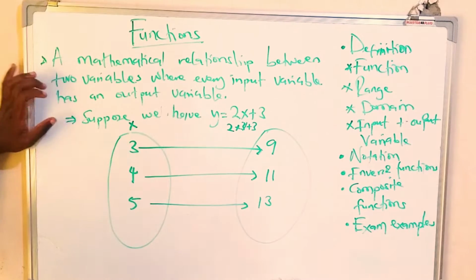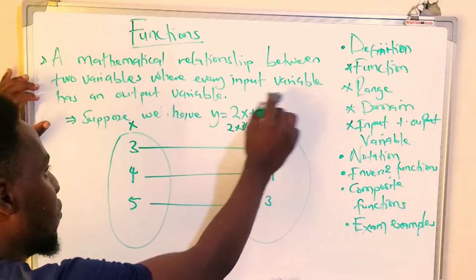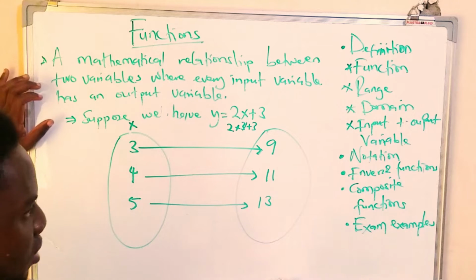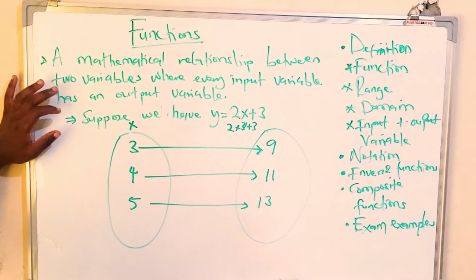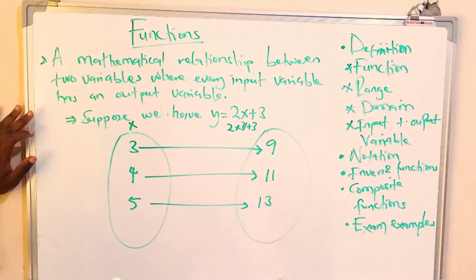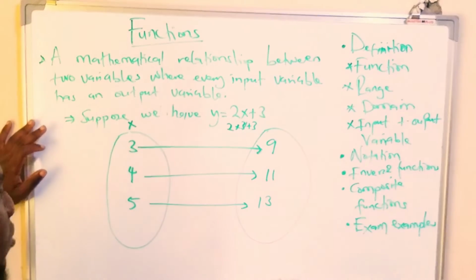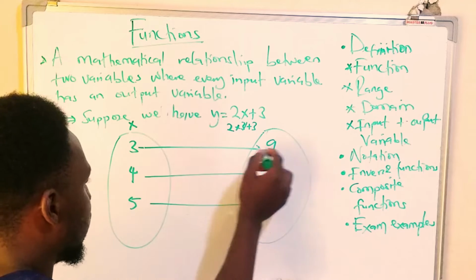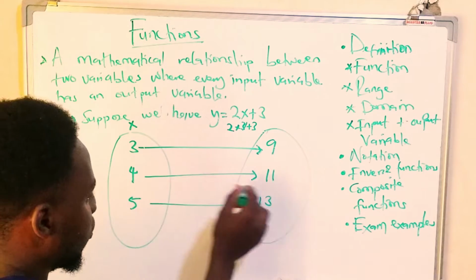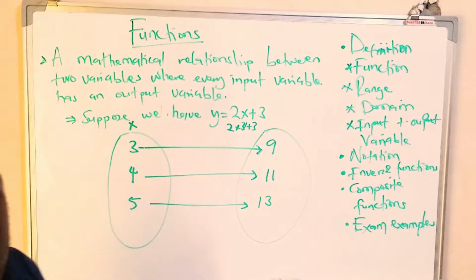They are saying every input variable, which is the independent variable, in this case x, has an output variable, in this case y. There's only one output variable for each input variable. One input, one output. That's what a function is.